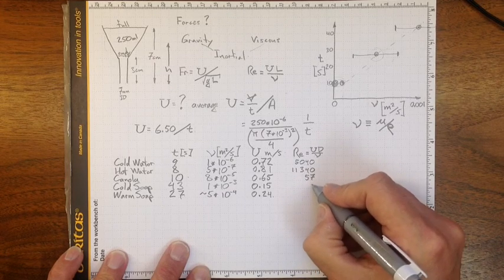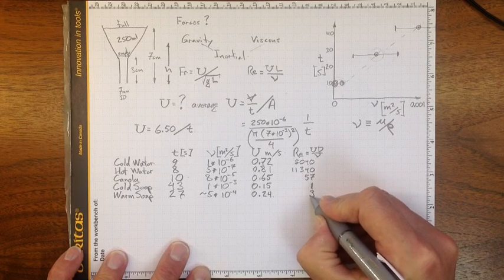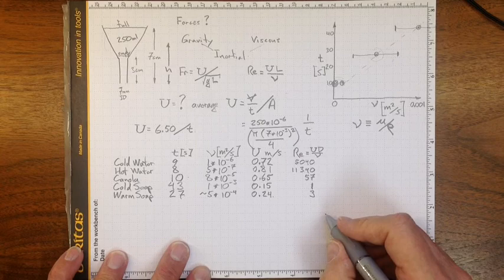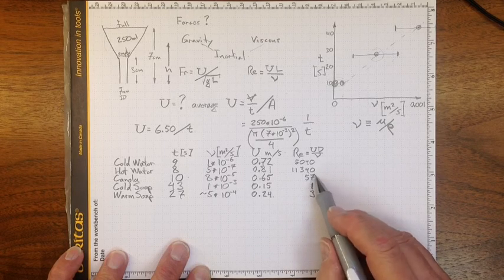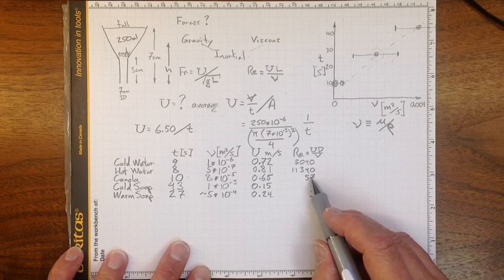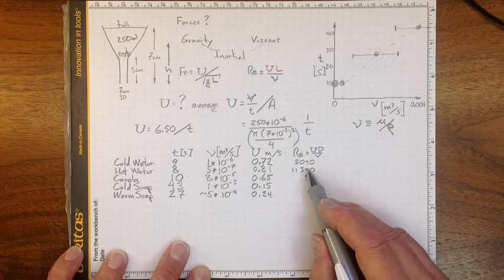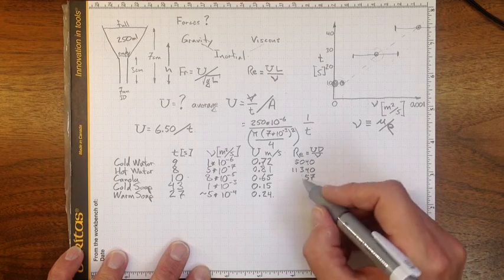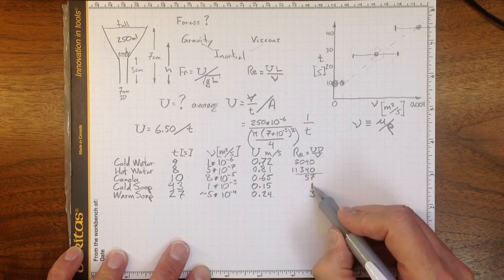For the cold soap, 1. Or the warm soap, about 3. So some very different values for Reynolds number. And we usually expect in pipe flow that we'll see a transition from nice orderly laminar flow to not so orderly turbulent flow round about 2300 for a Reynolds number. So we really expect that flow and that flow to be qualitatively different.